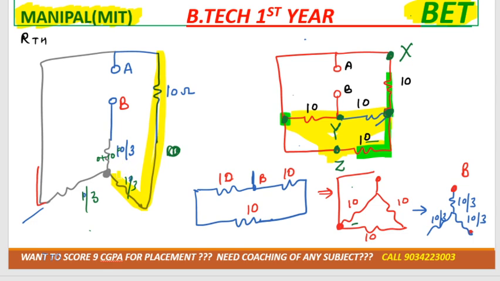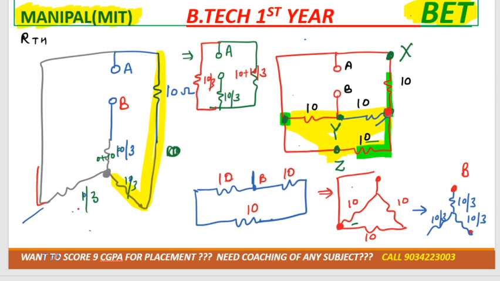Correct? So now if I redraw it again, A as it is, B as it is, 10 by 3 as it is, and then 10 plus 10 by 3 will be added with each other, and then this 10 by 3. So now again 10 by 3 and this 10 plus 10 by 3 are connected in parallel.